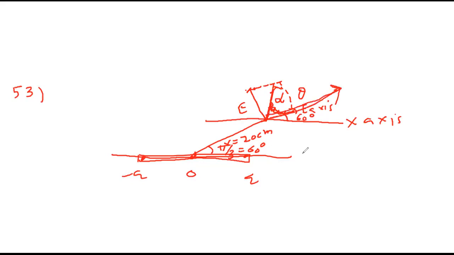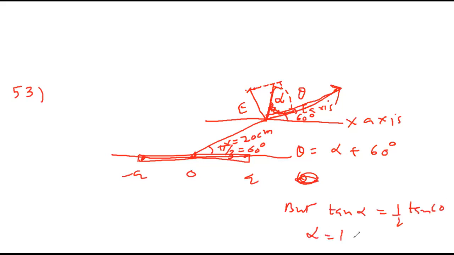So can I say theta is alpha plus 60 degree? Yes or no? Yes, sir. But tan of alpha is half of tan 60 by our derivation. So alpha will become tan inverse of root 3 by 2.